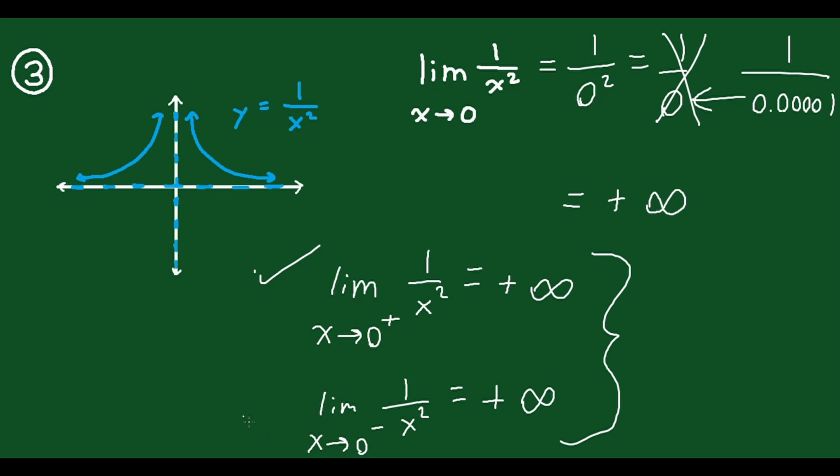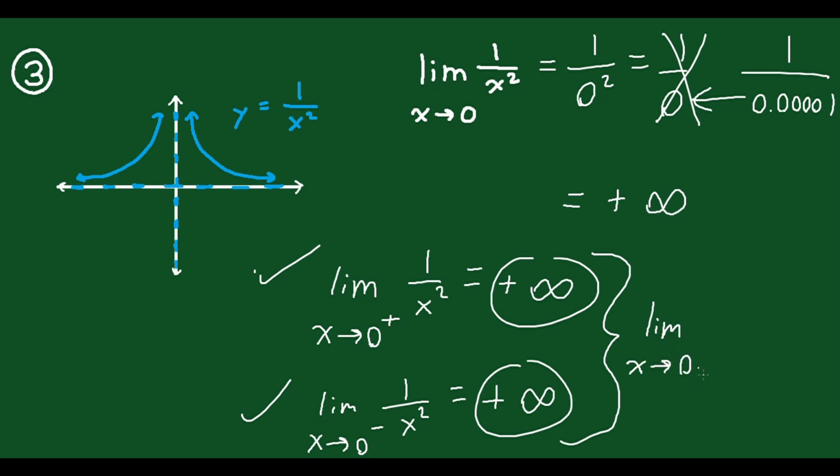They need to give you the exact same answer in order for us to conclude that the limit as x approaches 0 in general, not just from the right or from the left, but just in general, of 1 over x squared equals positive infinity. These both need to be true in order for this to be true. That's very important. Hopefully that makes sense.